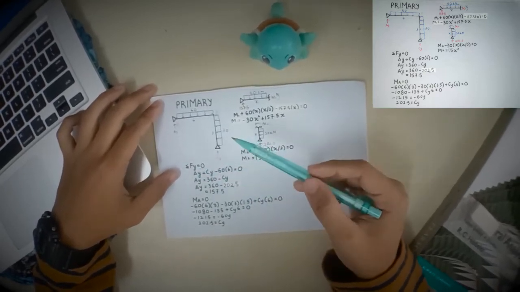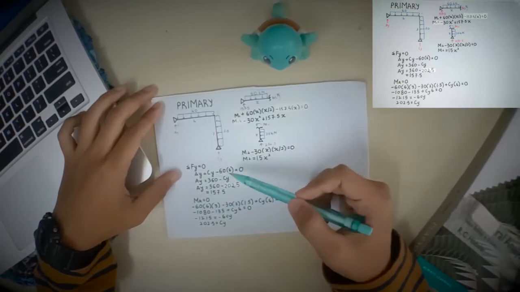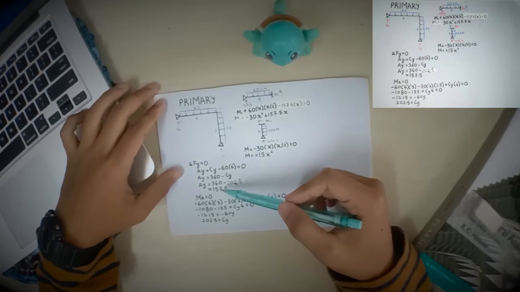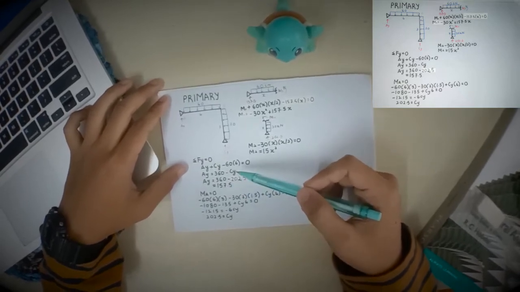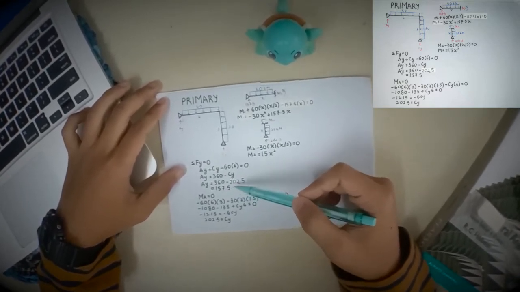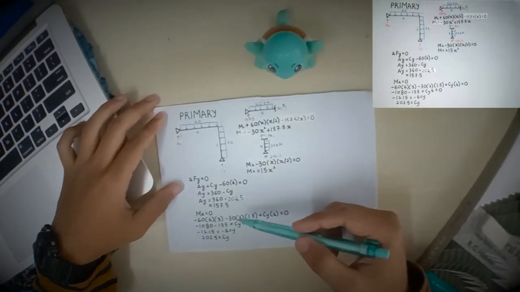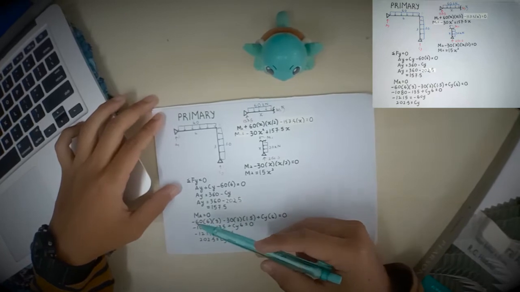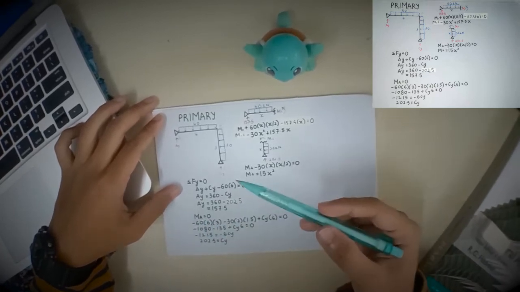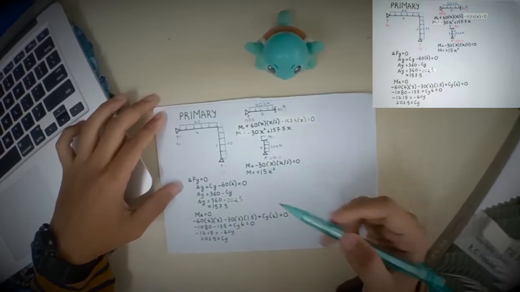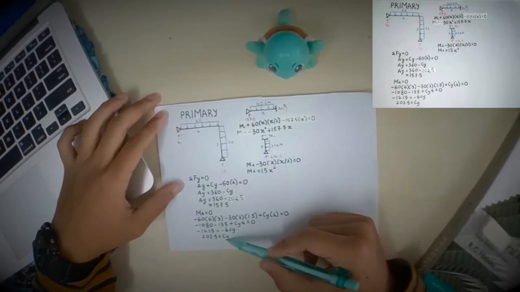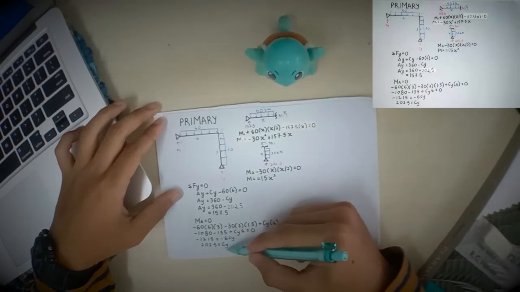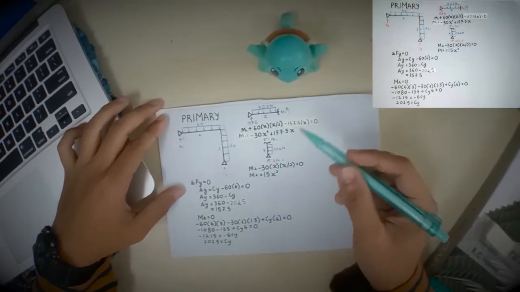Sum of Fy equal to 0: Ay plus Cy minus 60 times 6 equal to 0, and we got the answer 157.5 kilonewton. Then we use moment at A to find the value of Cy here. The value of Cy is 202.5.